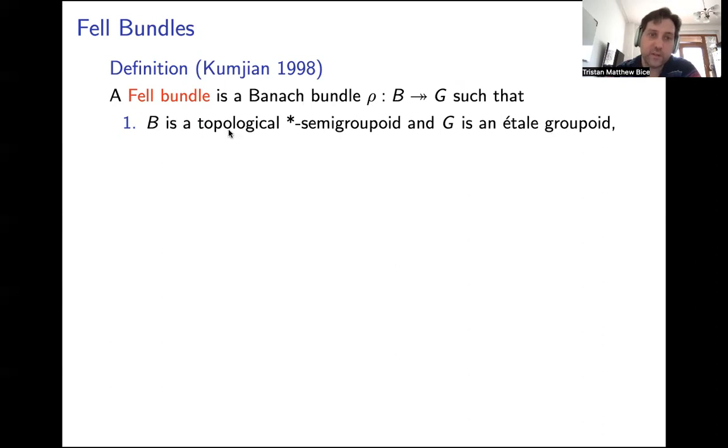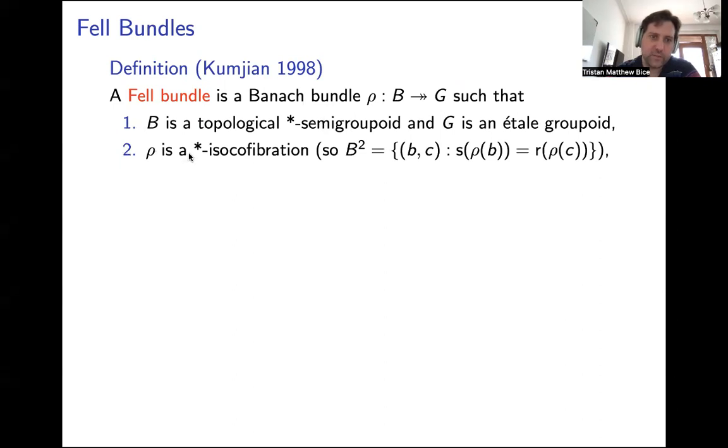But we also want B to be a topological star semigroupoid, so kind of weaker structure. But B is still, in some sense, kind of controlled by G because we want rho to be a star isocofibration. So preserving the product, preserving the star, and in particular, the pairs for which the product in B is defined are completely determined by the pairs in G for which the product is defined.